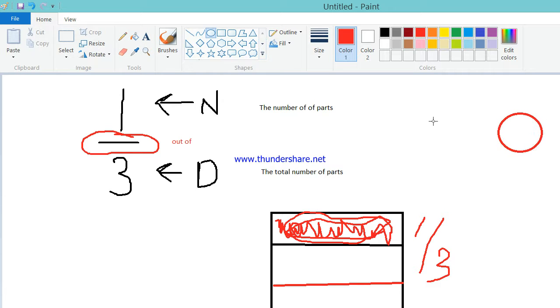So if I have 1, 2, 3 circles, and I want to talk about 1/3 of them being shaded black, now I have 1 out of 3 black circles.